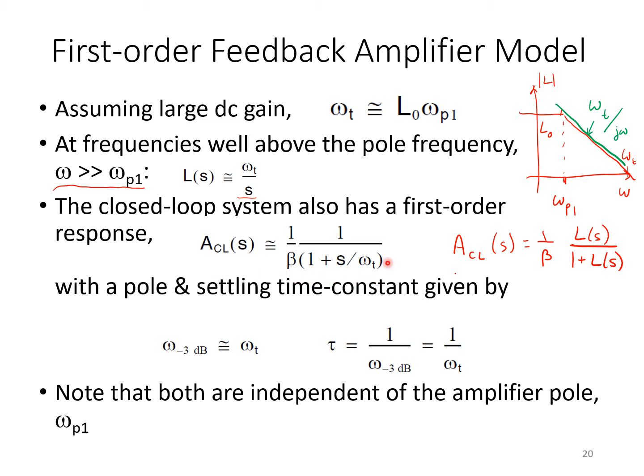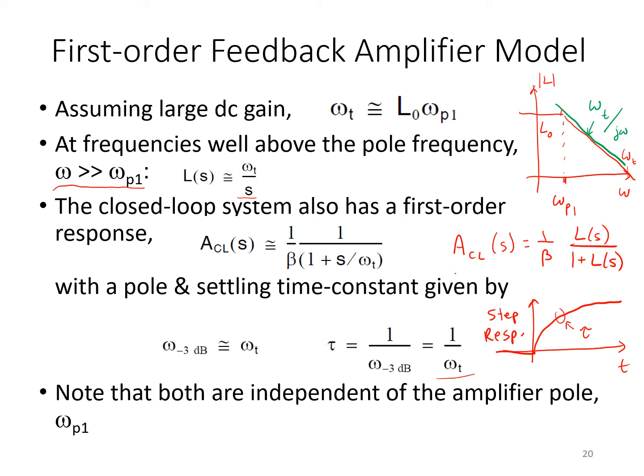Since the closed loop response is a simple first order single time constant response, its 3 dB bandwidth is given by the pole, but also we would expect it to have a step response that looks like simple exponential settling behavior with a time constant of tau equal to 1 over omega t.